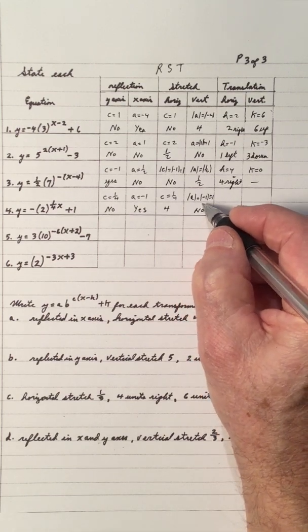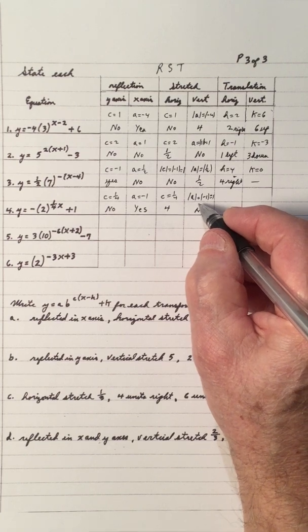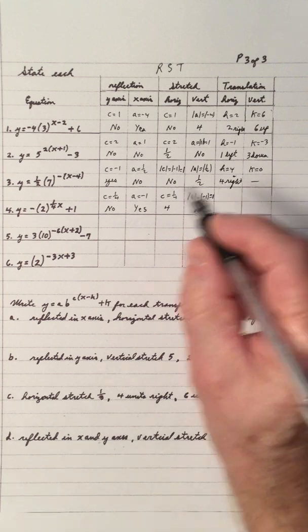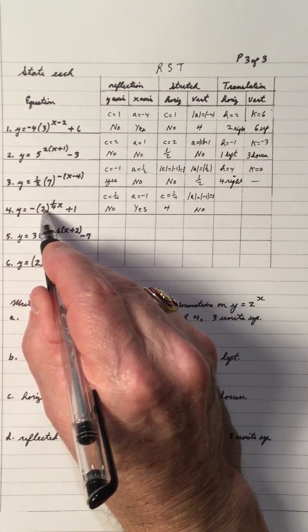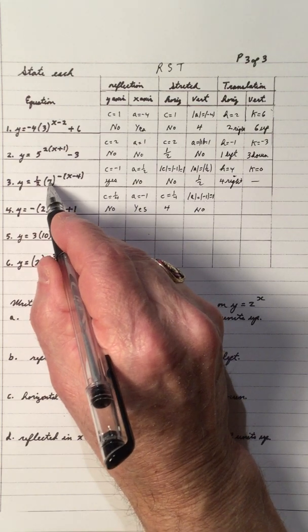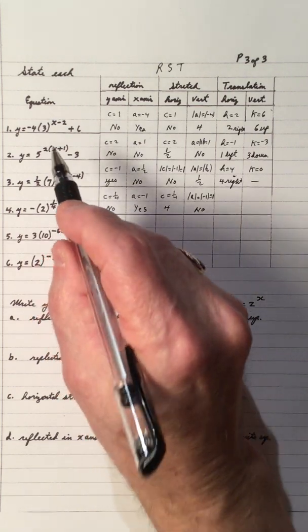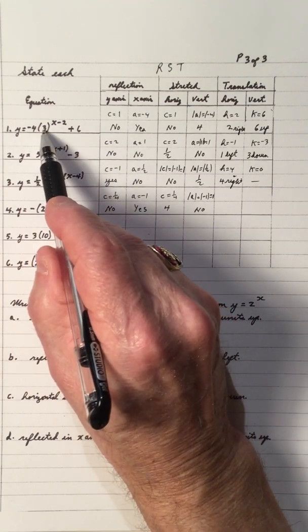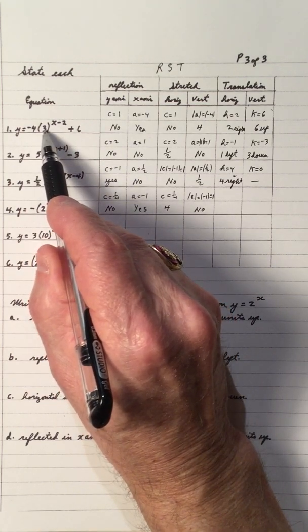When you have a 1 for stretch, it's not changing the basic equation. Remember, the basic equation here is y equals 2 to the x. The basic equation here is y equals 7 to the x. The basic equation here is y equals 5 to the x. The basic equation here is y equals 3 to the x.